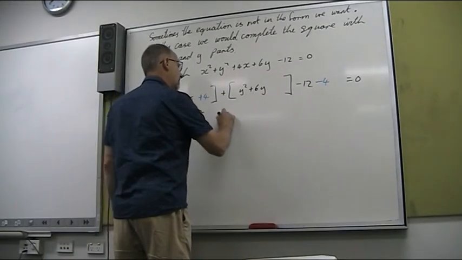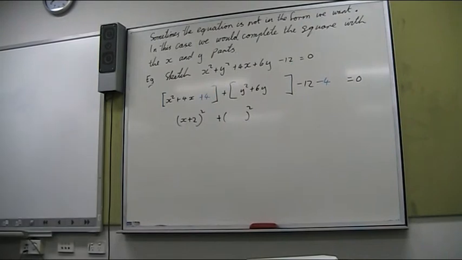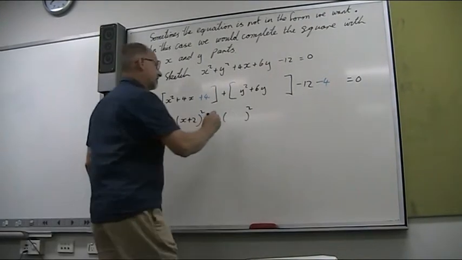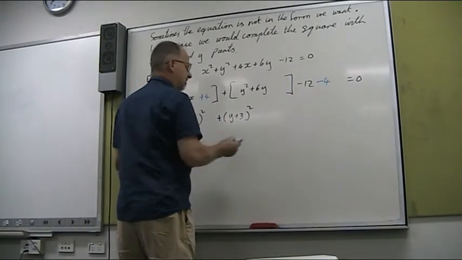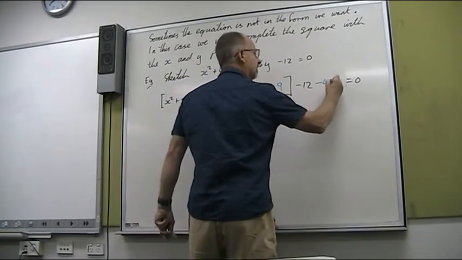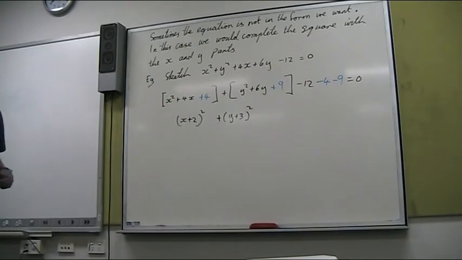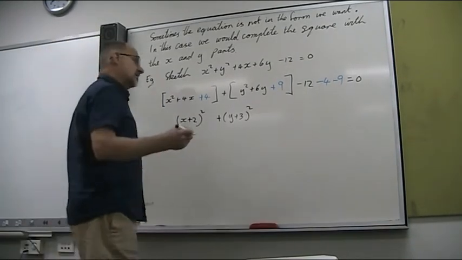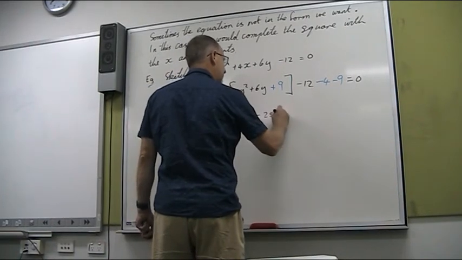Then with the y part, that bracket would be y plus 3. And again, when we expand that, we would get 9 here. And so we take 9 away from over there. So minus 12 minus 4 is minus 16, minus 9 is minus 25, equals 0.